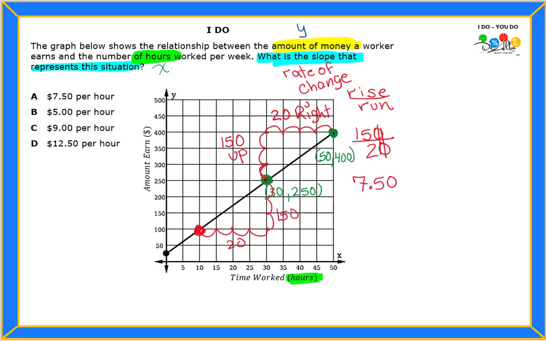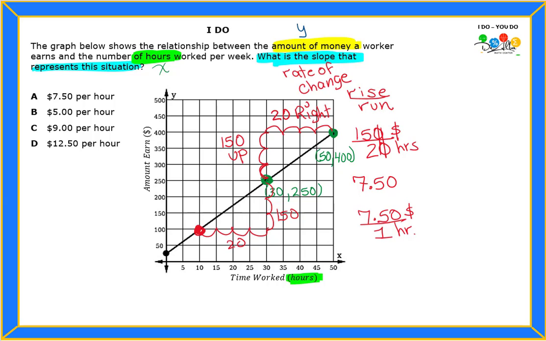Very good. Now, go back and think. The rise is going up and down, which is Y, and that is money. And 20 is going side to side, which is hours. So if I want to rewrite my answer, I can rewrite it with a denominator of 1. And now, hopefully this makes more sense, right? This means $7.50 for 1 hour.